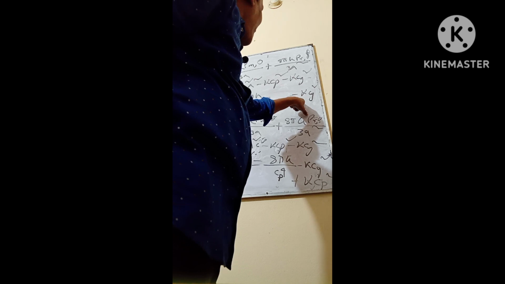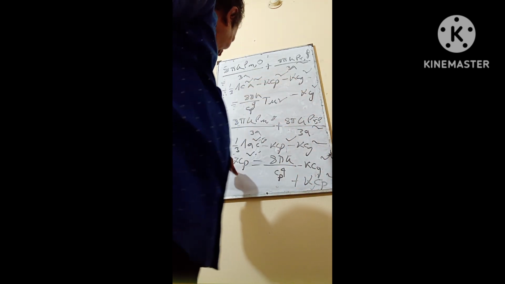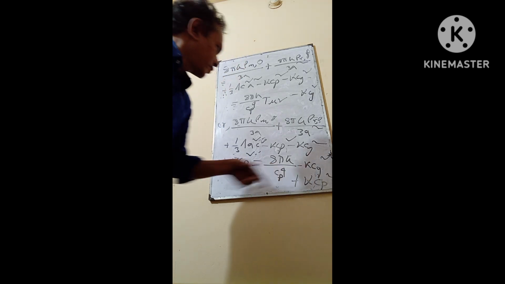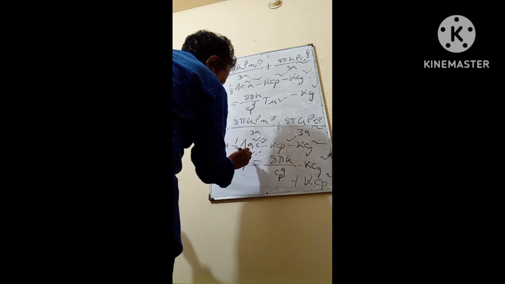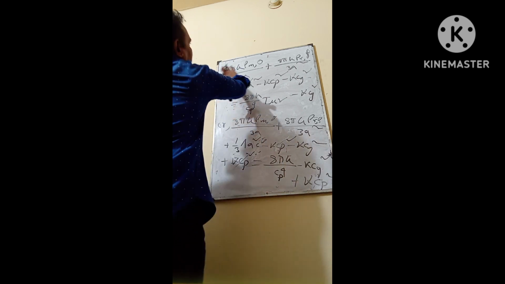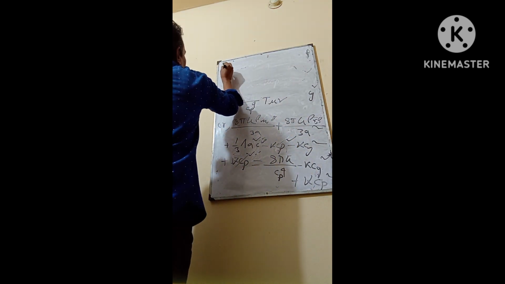Plus K Cp square, minus K Cg square, minus K Cg square, but I am adding K Cp square, minus K Cp square plus K Cp square. I am calculating.